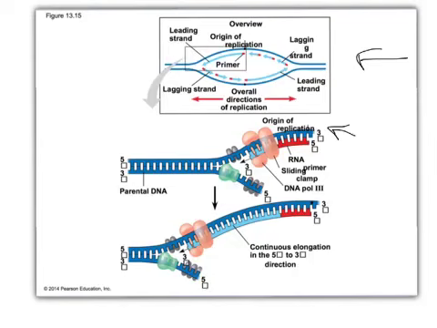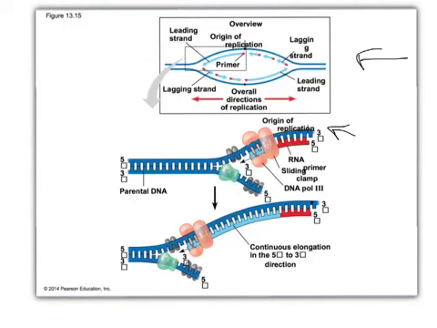So in both directions, one side will be a leading strand and the other side a lagging strand, and then going in the other direction, the vice versa occurs. What's leading one way is going to be lagging the other way.